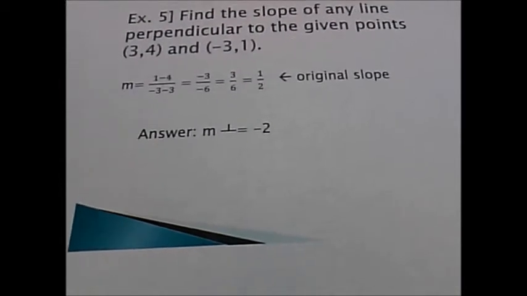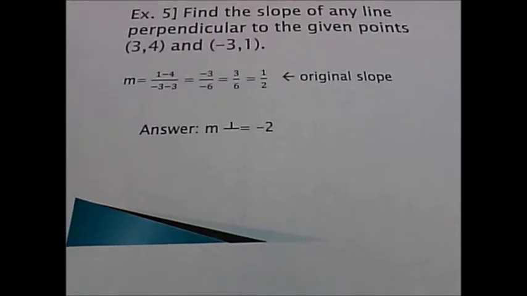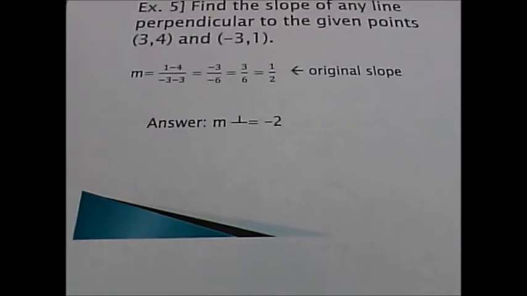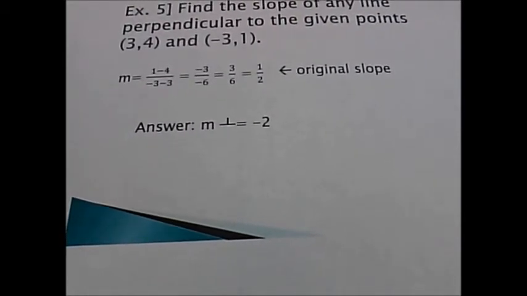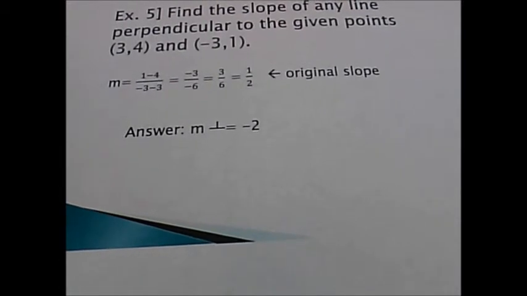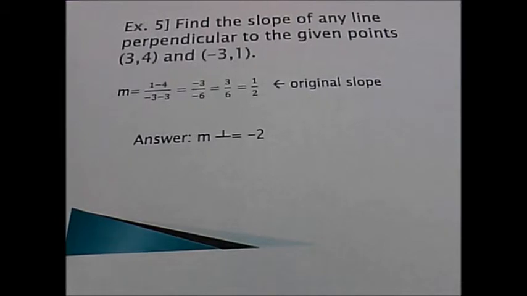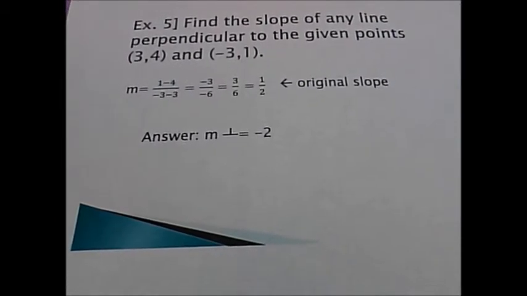When you plug that in and solve it, you will get negative 3 over negative 6. When you have a negative over a negative, it will turn into a positive, which is 3 over 6. When you simplify that, it will turn into 1/2, which is the original slope.